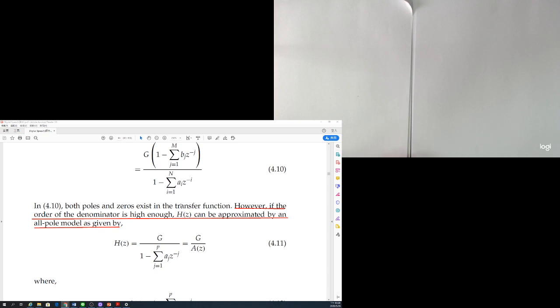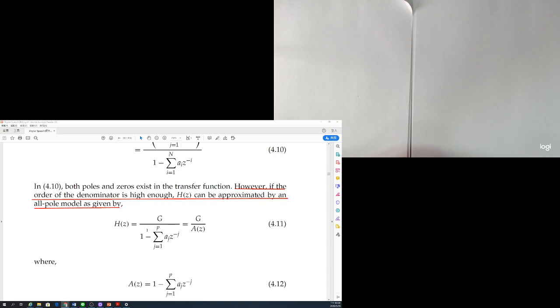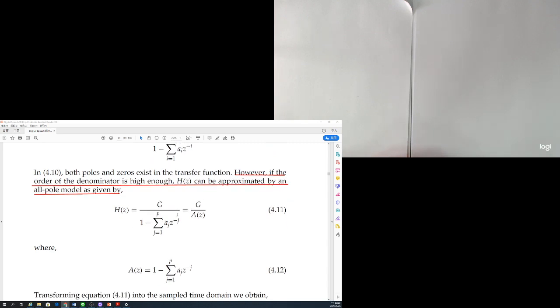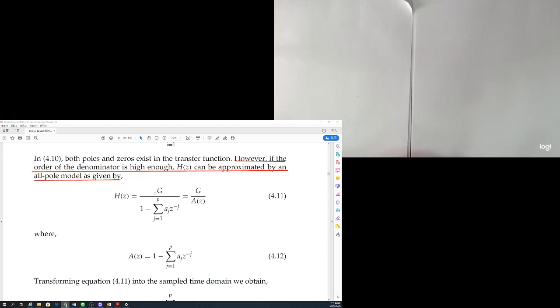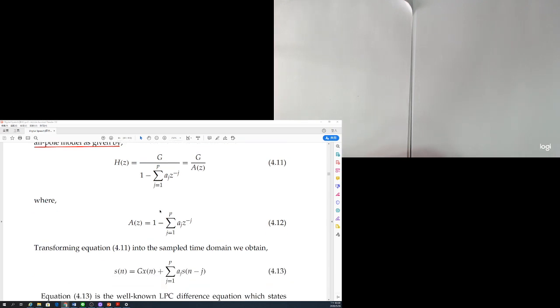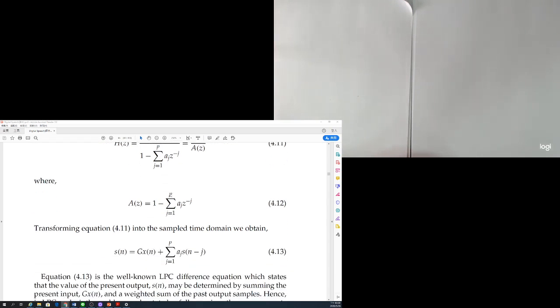We assume the order of the polynomial in the denominator is higher than the order in the numerator, so we can simplify it. If our transfer function is an all-pole model, we can reformulate the equation so that our trigger signal multiplied by gain, plus a linear combination of previous signals, becomes the new signal.